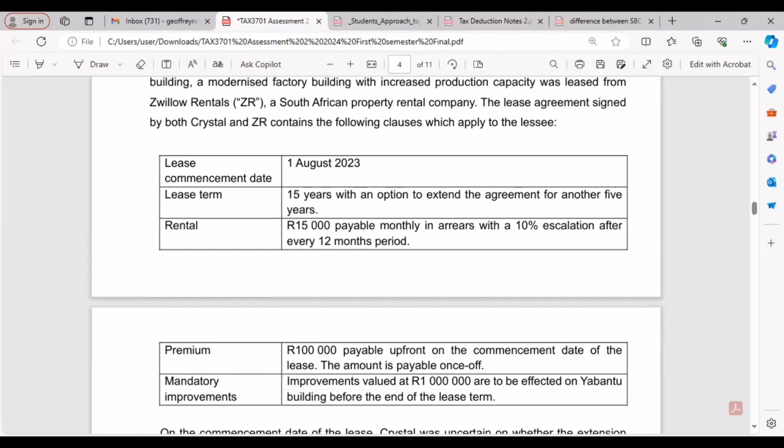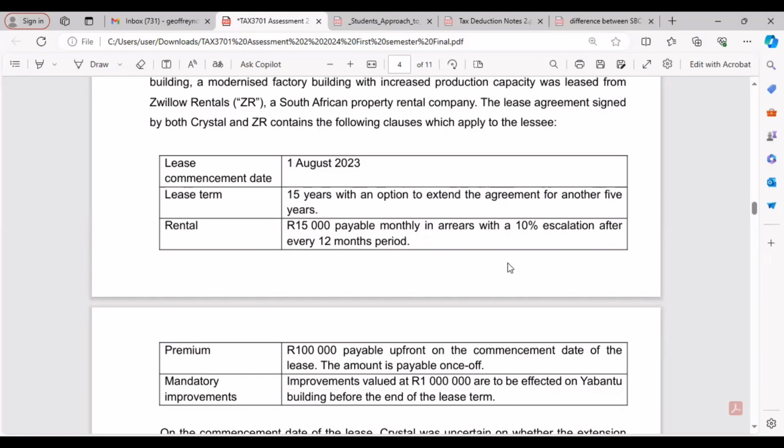So they are saying the lease commencement date is 1 August 2023, which is within our tax year of assessment. Lease term, 15 years with an option to extend the agreement for another 5 years. Rental, 15,000 payable monthly in arrears with a 10% escalation after every 12-month period. This will not affect us, so don't worry about that.